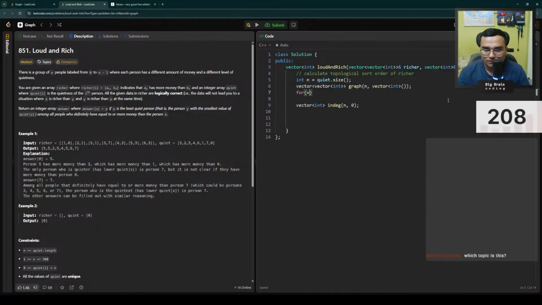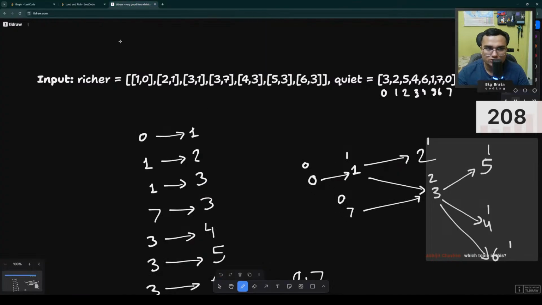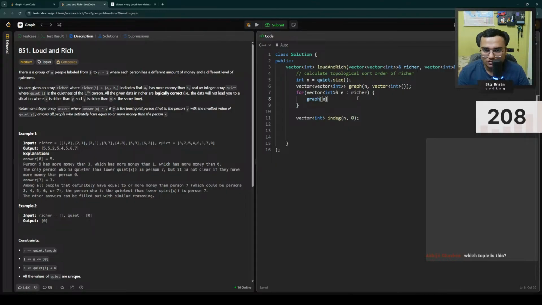So for vector int edge in richer, graph of e of 0. So I am envisioning the graph as it goes from poor to richer, right? So e of 1 dot push back e of 0. Now calculate in degree, for int i equals 0, i is less than n, i plus plus.